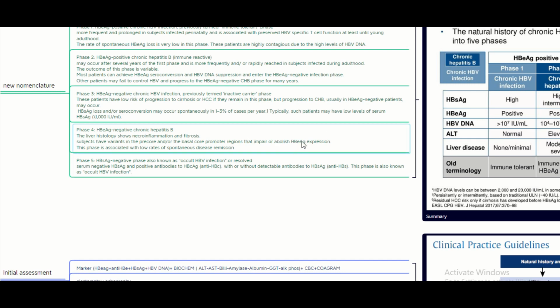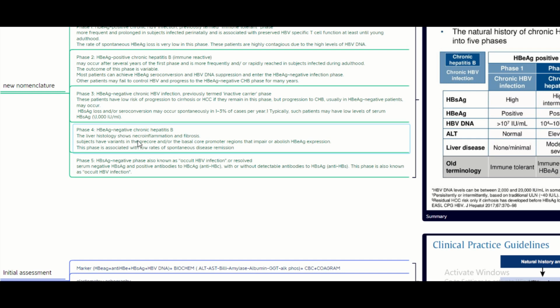This is because the liver is having extensive fibrosis and necroinflammation. And since they have this mutant virus, the HBe antigen expression is different than in other viruses, and the body cannot produce anti-HBe to the mutated HBe antigen.